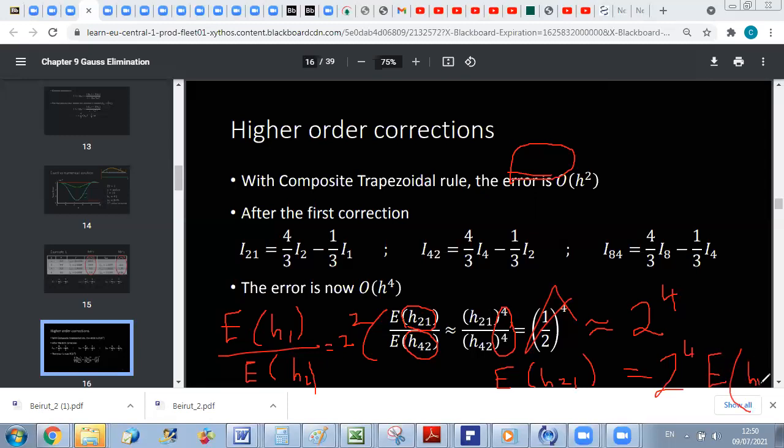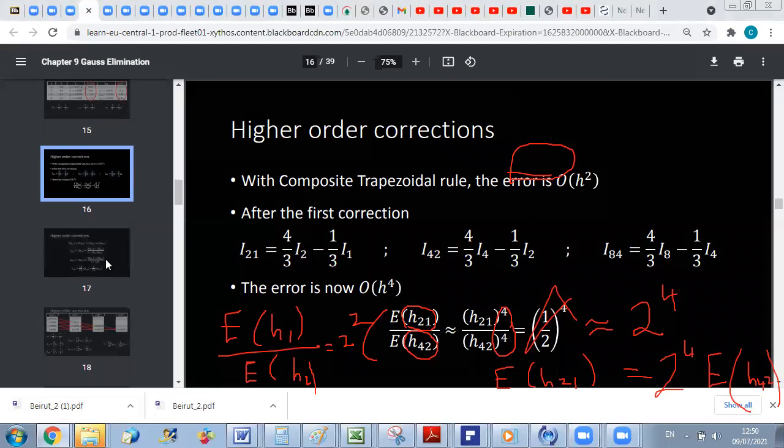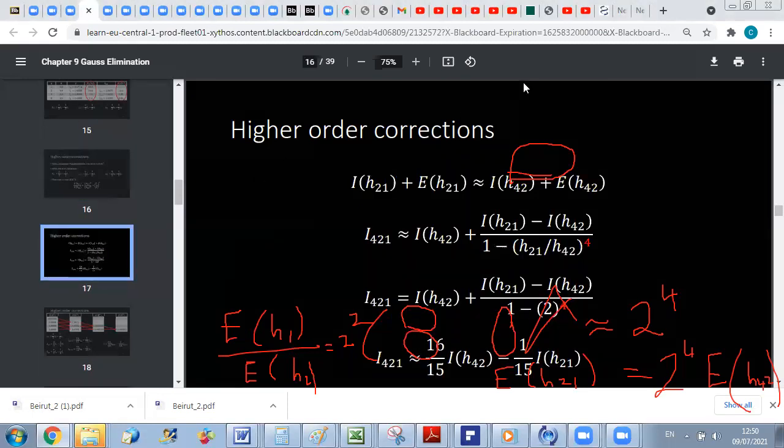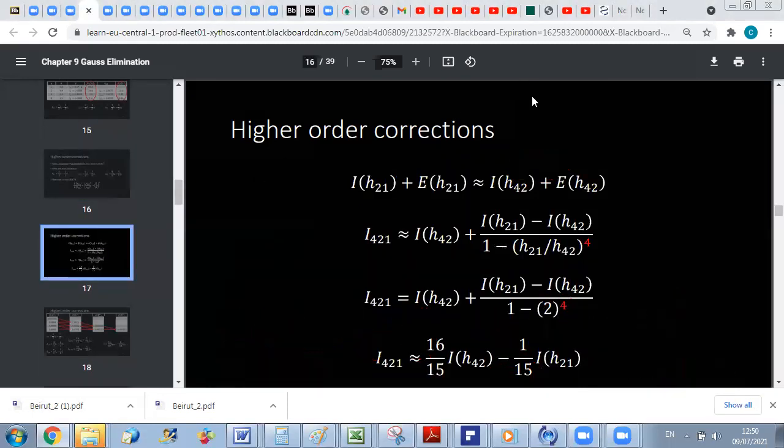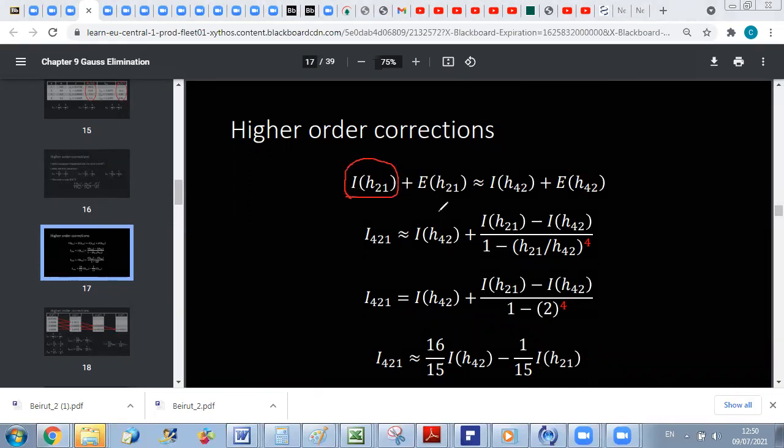Now if I use this replacement, I will get the formula you have seen below, because just by doing this I first get a general rule, as I did in the previous case. The general rule is the following: if I combine the integral I get from h21 with the integral I get from h42, I will get the following.